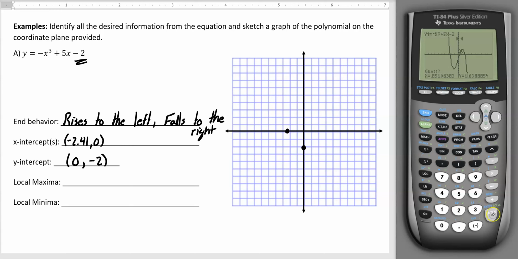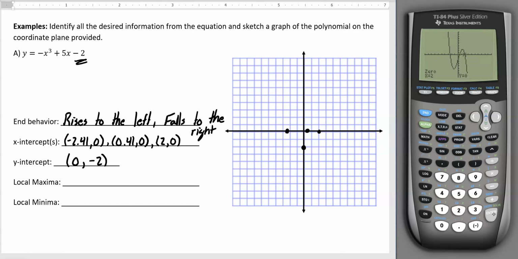There we go. And (0.41, 0). Puts me right about there. Then second calc the final x-intercept. Go to the left. And then to the right. And (2, 0). So there are my 3 x-intercepts.